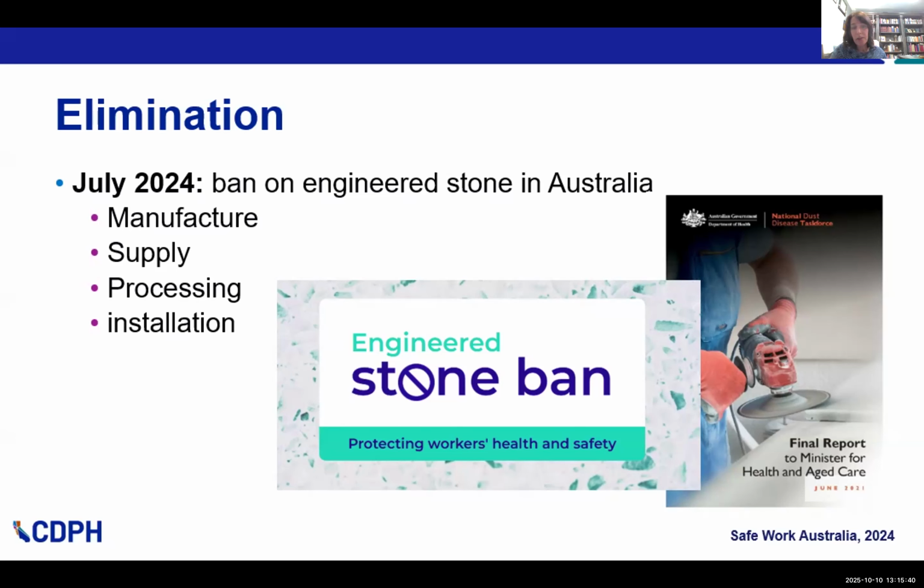And so they put together a national dust disease task force that looked at all of the data and recommended that the government ban engineered stone, which the government did as of last year. So companies are no longer allowed to manufacture, supply, process, or install engineered stone in Australia.